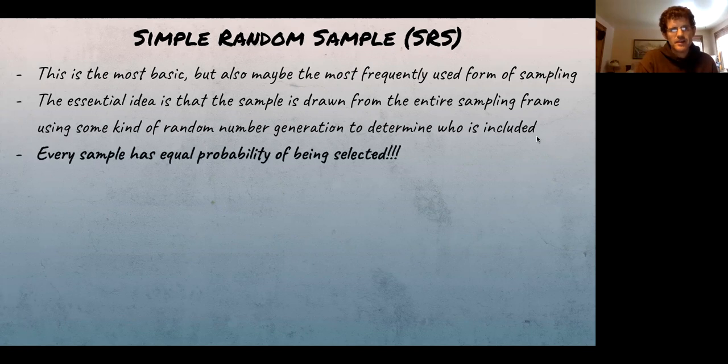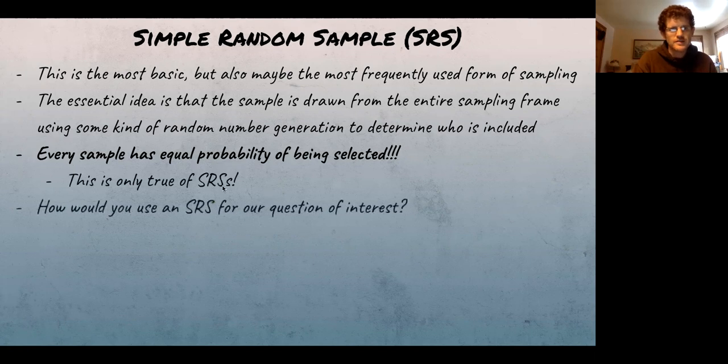Every sample has equal probability of being selected. What that means is every possible collection of people who are included in the sample has equal probability. I don't know that I can say it differently, but this is different from our other sampling methods. This is the only one that has this characteristic.